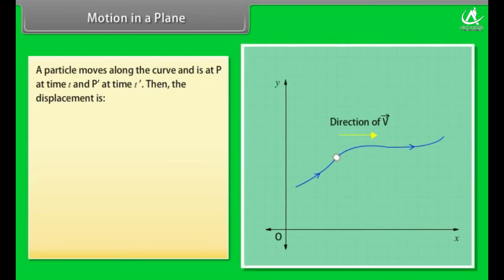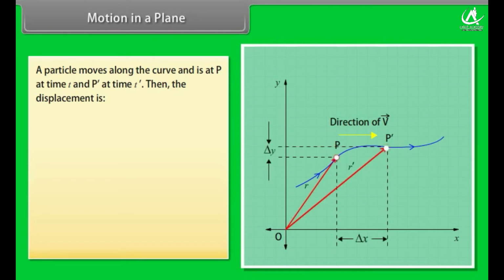A particle moves along the curve and is at P at time t and P' at time t'. Then the displacement is delta r = r' minus r. By putting values, we get delta r = i delta x + j delta y.